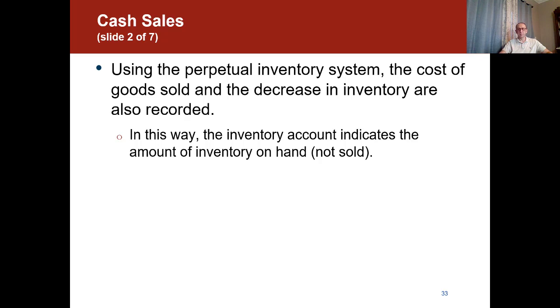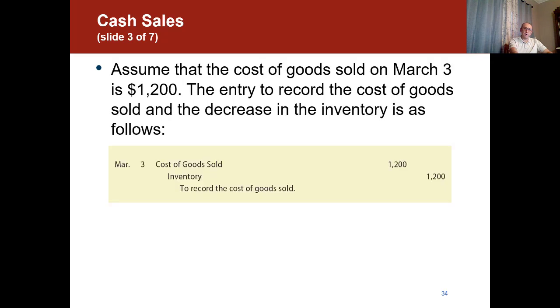the leftovers. So one thing I want you to remember, whenever we are recording a sales transaction, we're going to record two journal entries. One journal entry is what we've just seen in the previous slides, and the second journal entry would be related to recording the cost of goods sold.